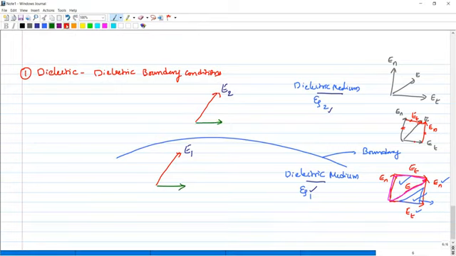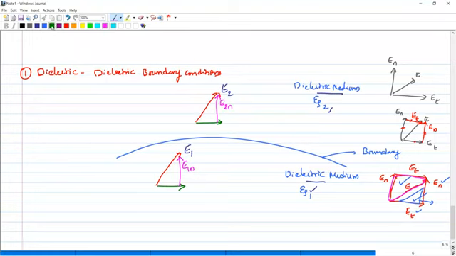Next, I am going with the normal component, drawing a perpendicular line to the boundary. This is the normal component, and this is also a normal component. The normal component of E1 will be E1 with suffix n, and the normal component of E2 will be E2 suffix n.